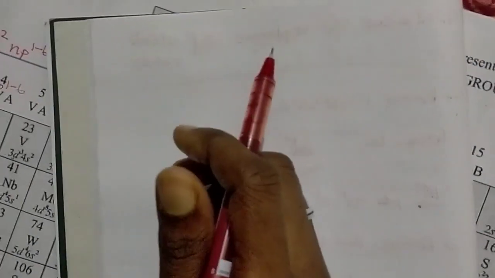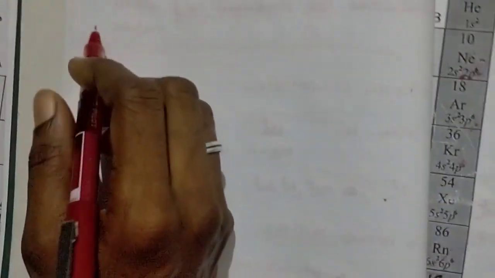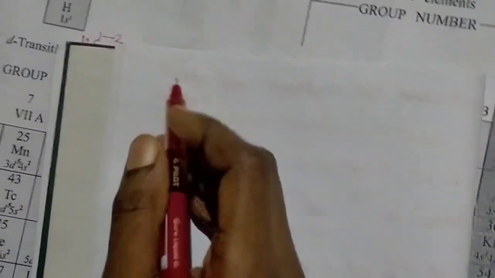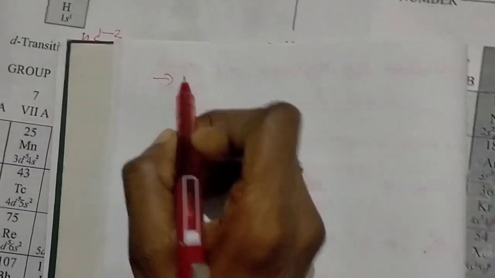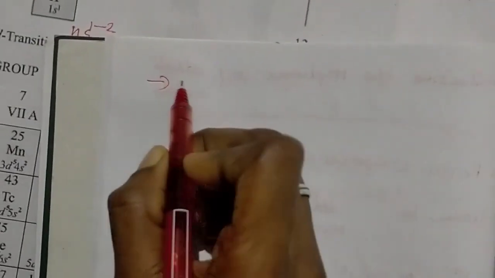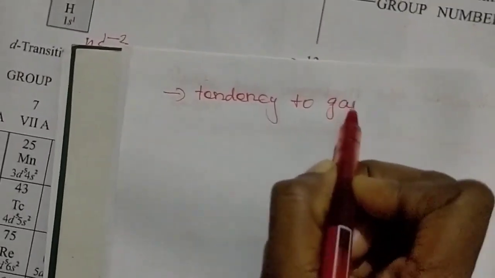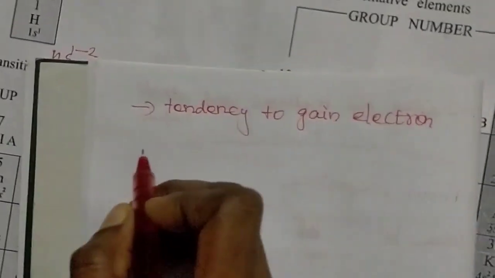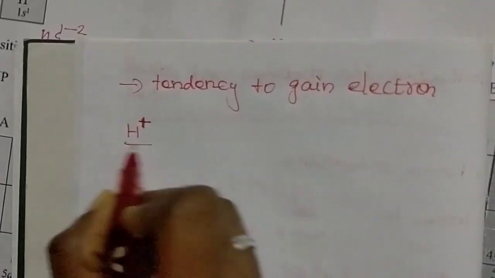Now, in the similarities between hydrogen and halogens, hydrogen and alkali metals, you learned they can form halides. Like the halogens, hydrogen also has some tendency to attract or gain electrons. Generally hydrogen is a unipositive, positive element.